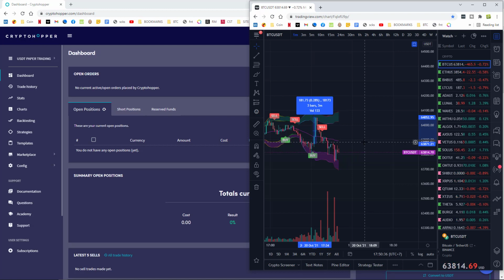Does it want to come down more? Just add the rest of my indicators back on.